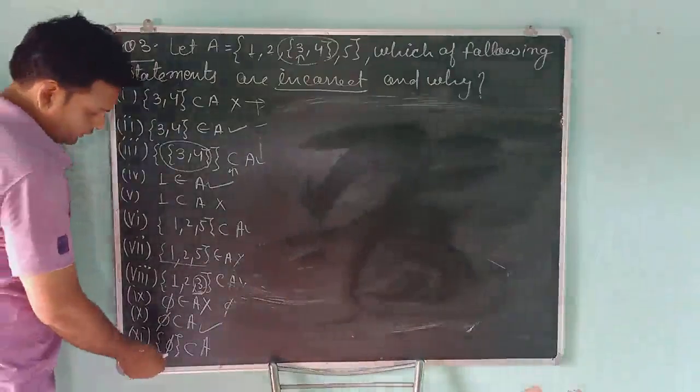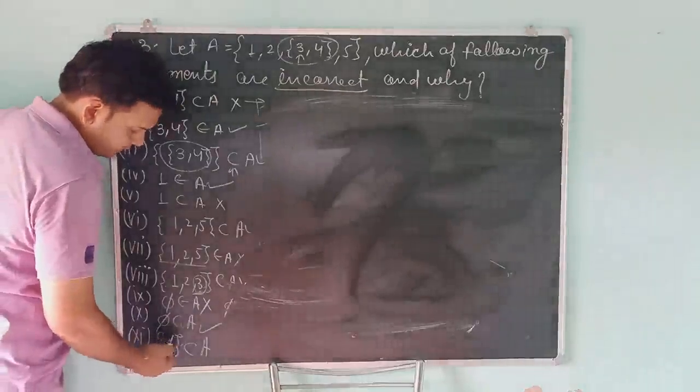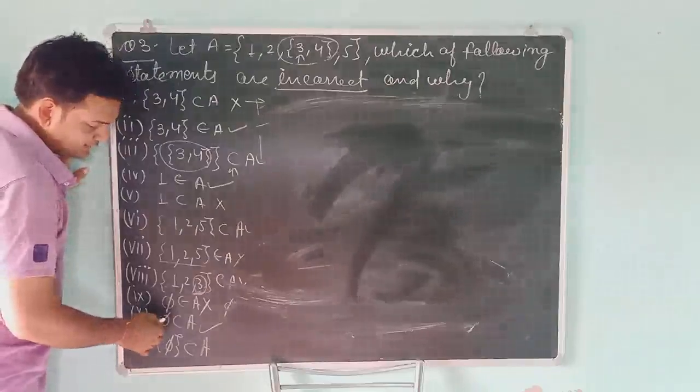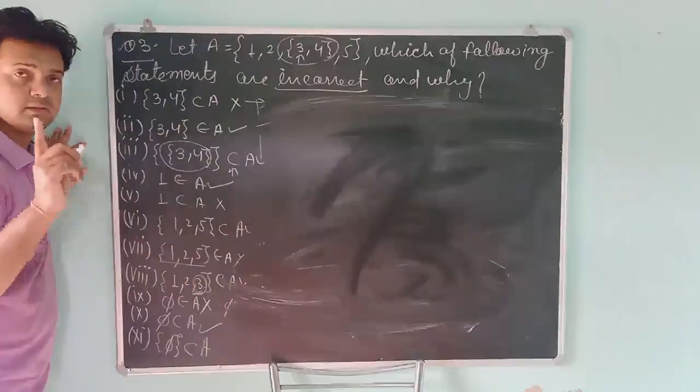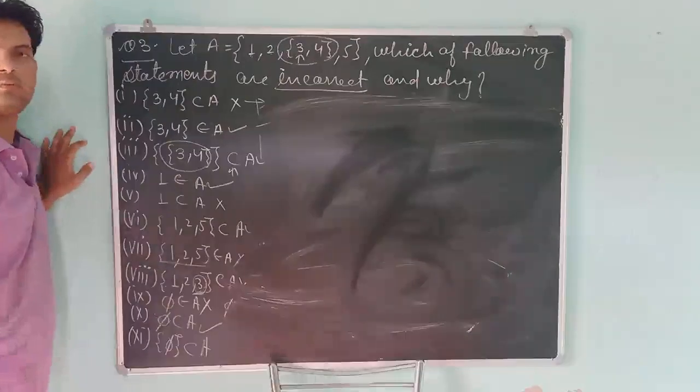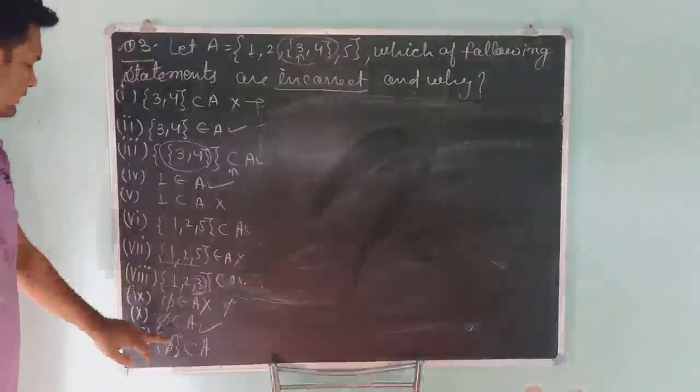But according to this question, 5 is written with a bracket. Okay students, 5 is always a subset without a bracket. 5 is only one element, it is not used with a bracket. So this statement is also wrong.